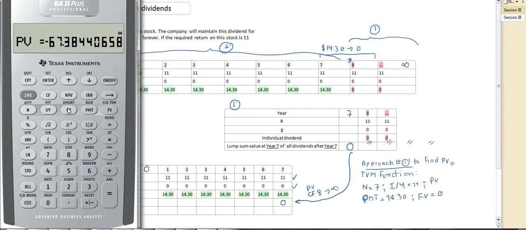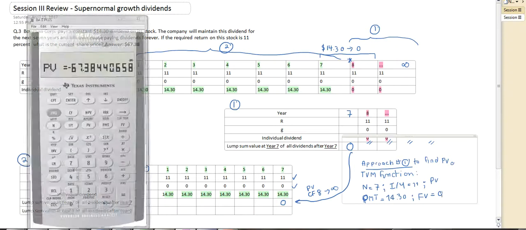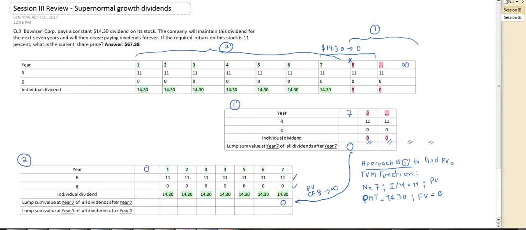So I got 67.38. So that's approach one that you can do.